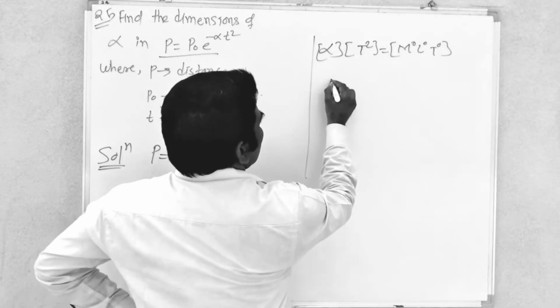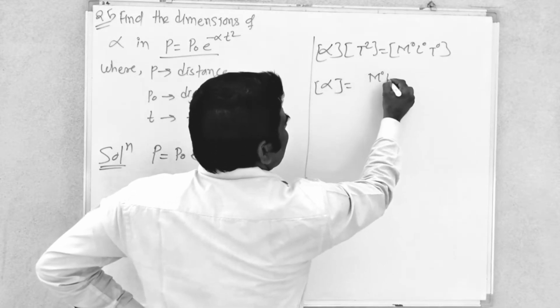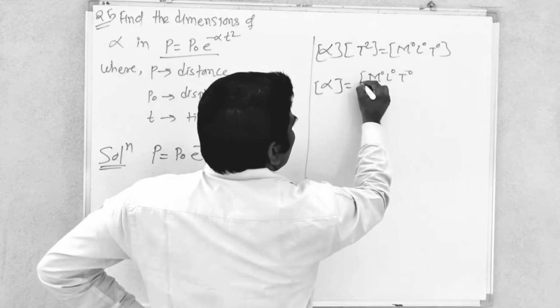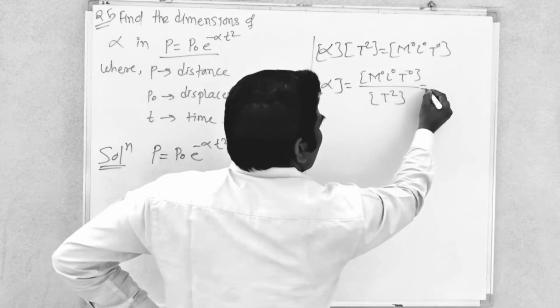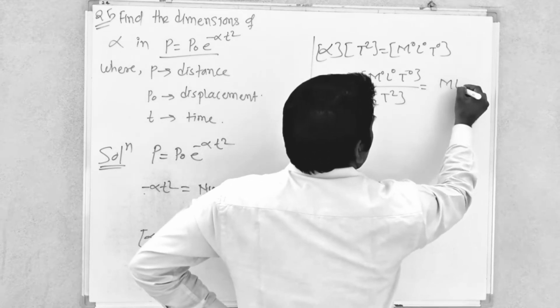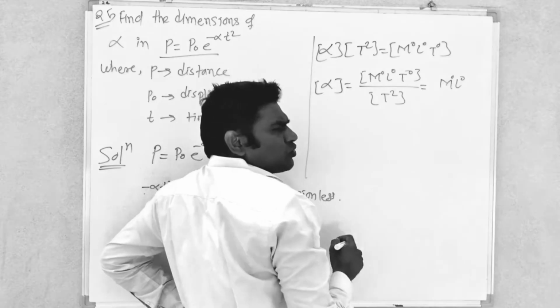So alpha is equal to M0 L0 T0 divided by this T square. So ultimately you will get M0 L0, 0 minus 2, this will become minus 2.